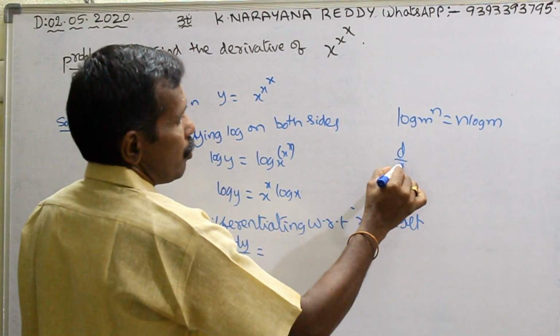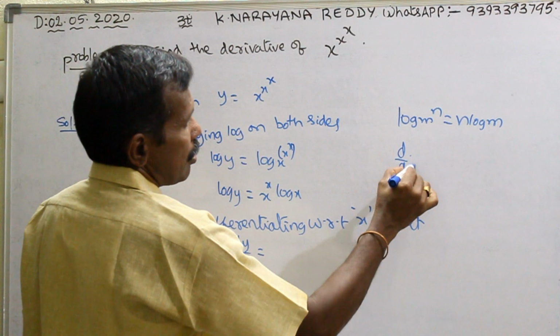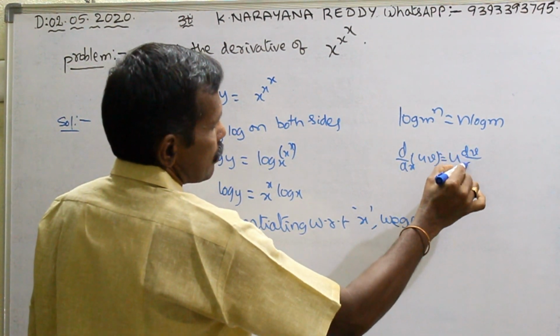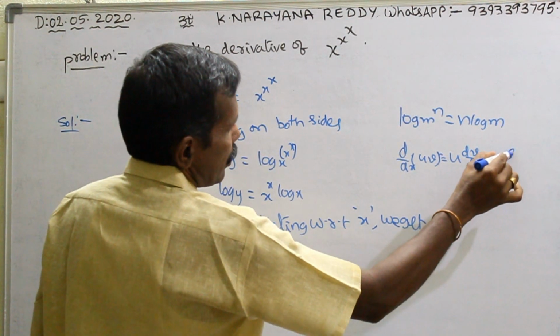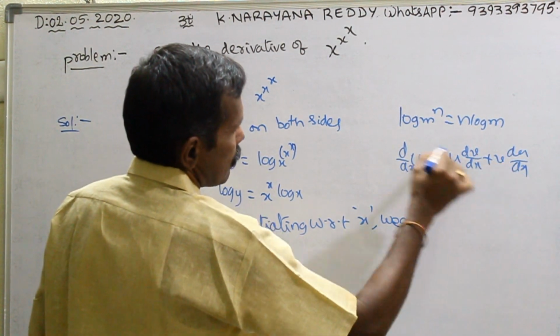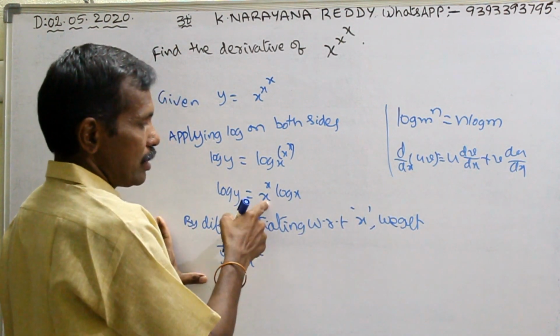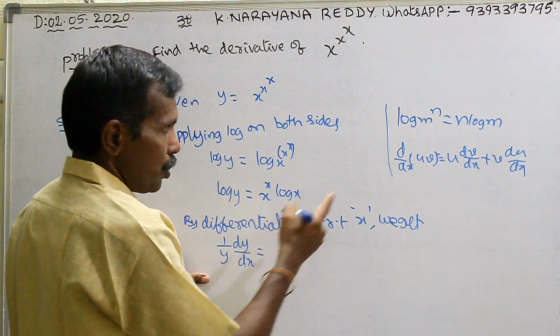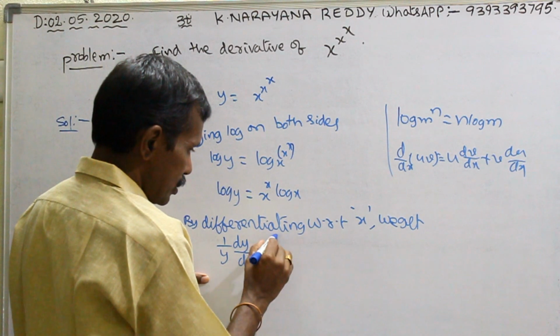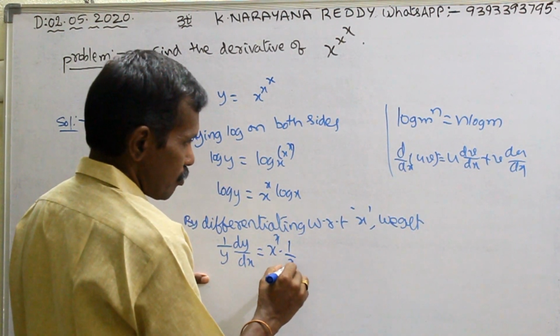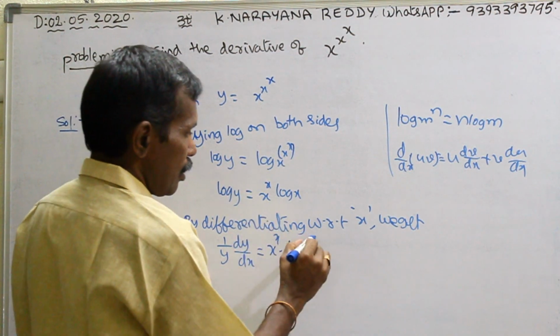You know about the UV formula: d by dx of uv equals u dv by dx plus v du by dx. Now what is that formula? This is u, this is v. u is x to the power of x, d by dx of v is 1 by x, plus v, log x.